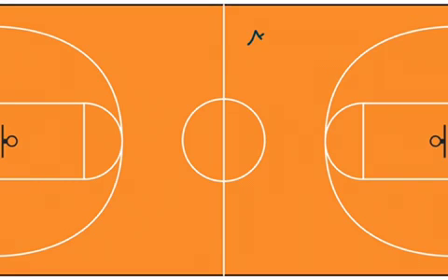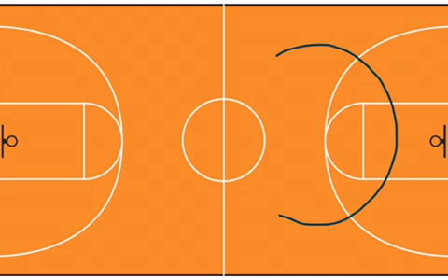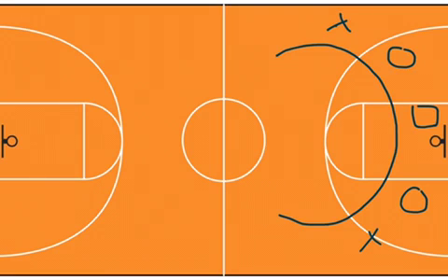So you have your cone obstacle, and just set it in a sort of semicircle with obstacles along the way. And the rest of your students on the other side of the court.